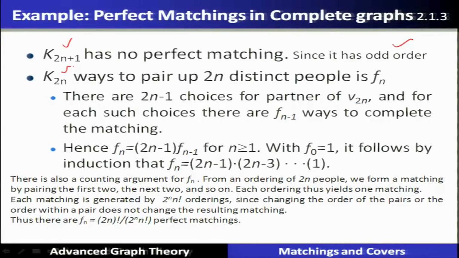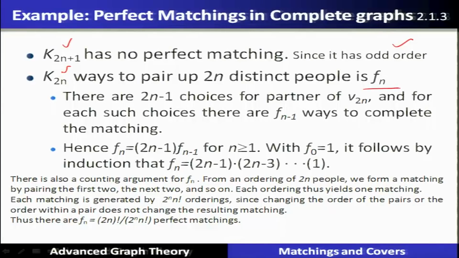Why? Because in K 2n there are different ways to pair up 2n distinct people, and that is given by a recurrence function f n. So, f n, let us assume, will give you the number of ways to pair up 2n distinct people.